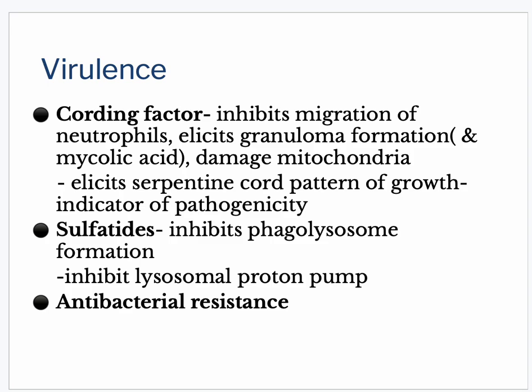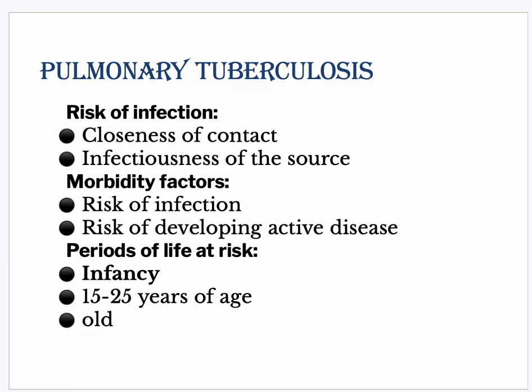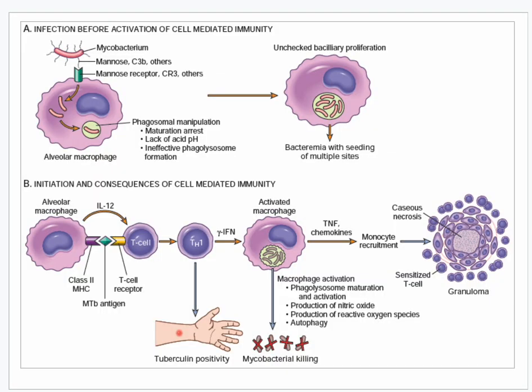Sulfatides, they inhibit phagolysosome formation, and it has antibacterial resistance. So, anong mga risks of infection? Closeness of contact, infectiousness of the source, morbidity factors, risk of infection, risk of developing active disease. Periods of life at risk, mga infants, 15 to 25 years old. Ayan.